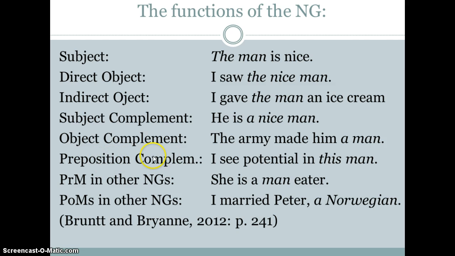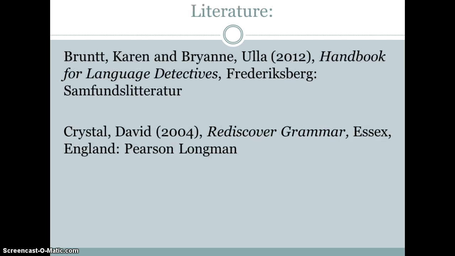As a preposition complement. I see potential in this man. As pre-modifiers in other noun groups. She is a man-eater, or as we saw before, country road. As post-modifiers in other noun groups. I married Peter, a Norwegian. For more on that, you could look on page 241 in Brund and Brian.